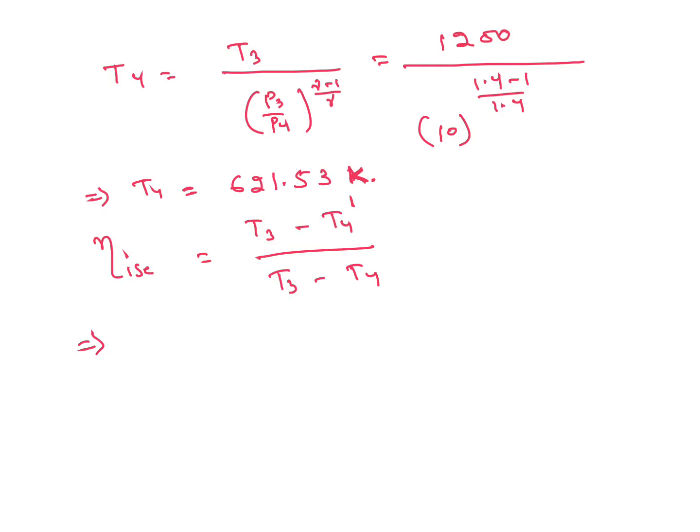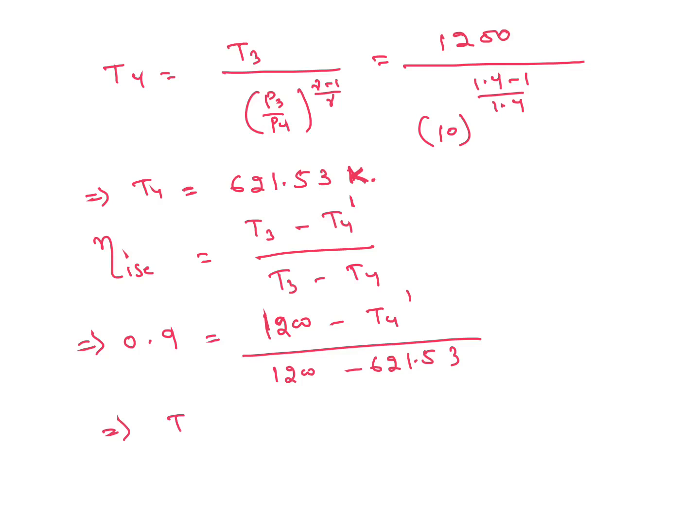Put the values. Isentropic efficiency 0.9 equals 1200 minus T4 dash divided by 1200 minus 621.53. So from here we will get T4 dash equal to 679.38 Kelvin. This is our answer.